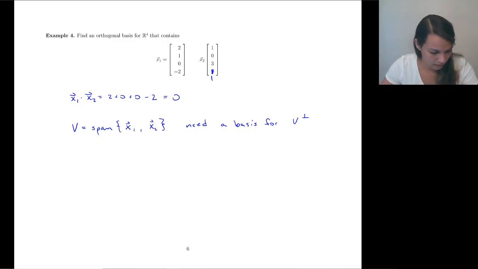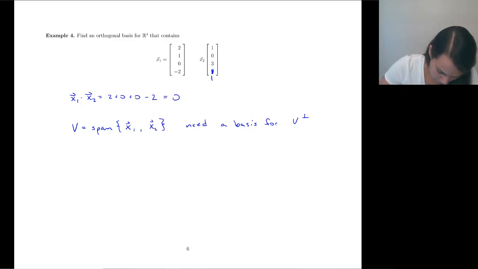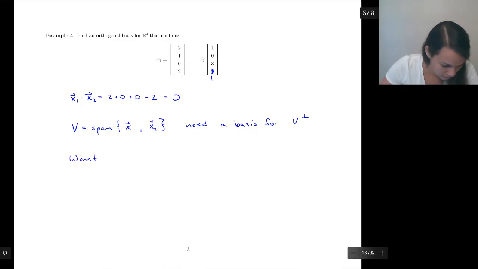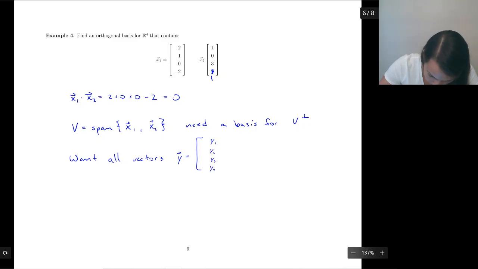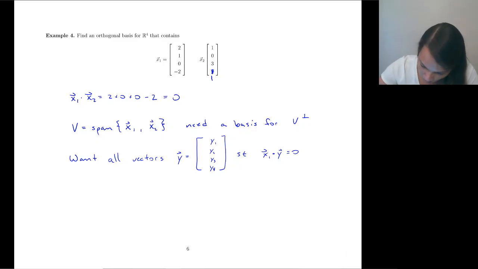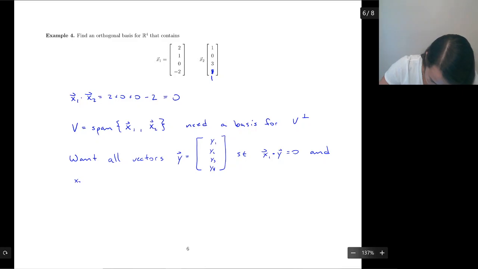So how do we do that? Well, let's write out what we want. We want all vectors y, which is going to be y1, y2, y3, y4, such that x1 dot y is equal to 0, so that it'll be perpendicular, and x2 dot y is equal to 0.